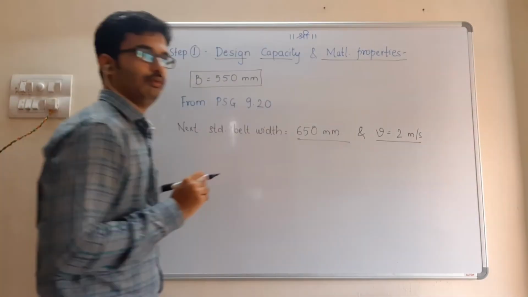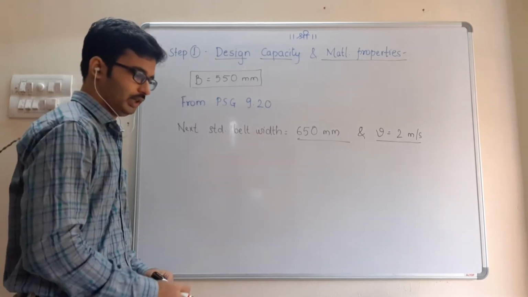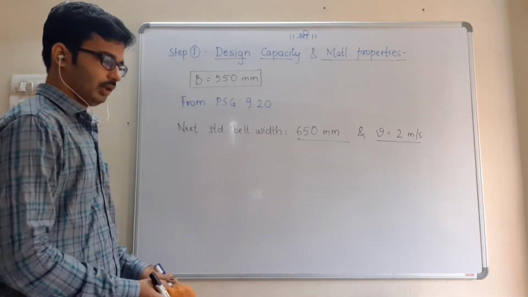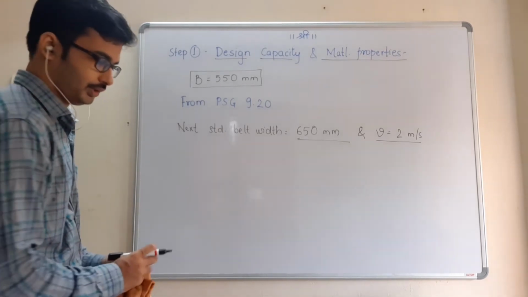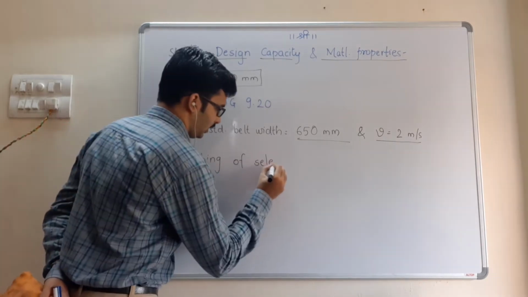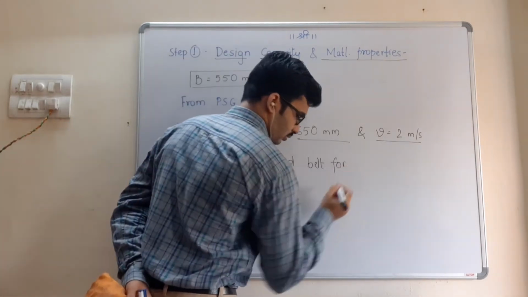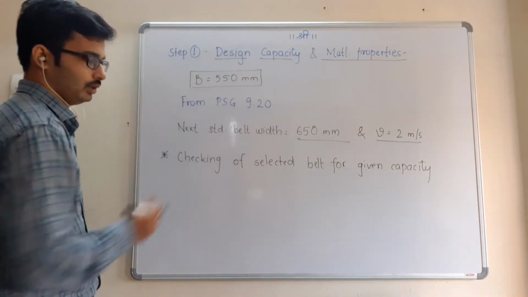Now we have velocity with us. So we have to check whether this velocity is correct or not for the given set of conditions. The next step is checking of the selected belt for the given capacity. We have to check these values.